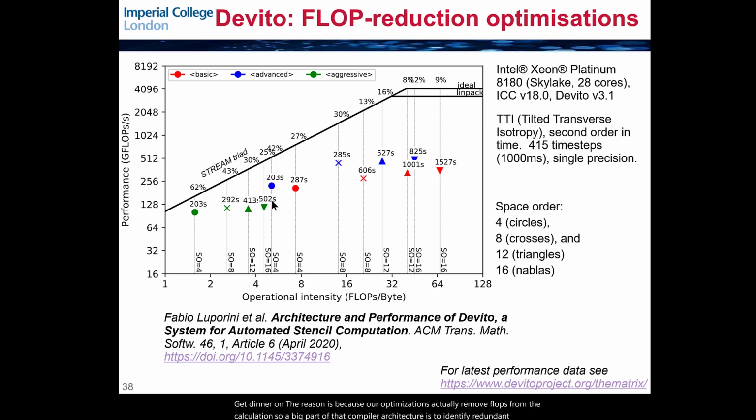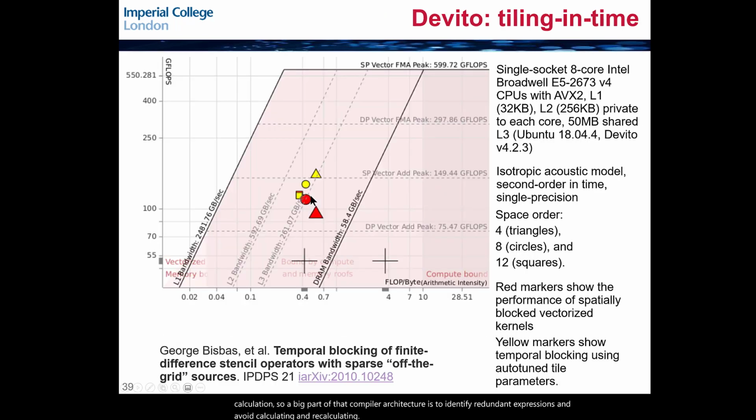So a big part of that compiler architecture is to identify redundant expressions and avoid calculating and recalculating them. Another thing that we're working on with Devito is tiling in time. So we're trying to reduce the total memory movement, data movement of the problem. So try and break through that memory roofline. What you see here is, for example, the triangles here are for a relatively low space order 4.